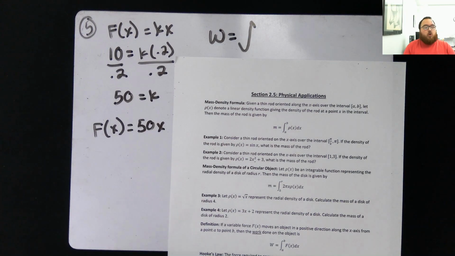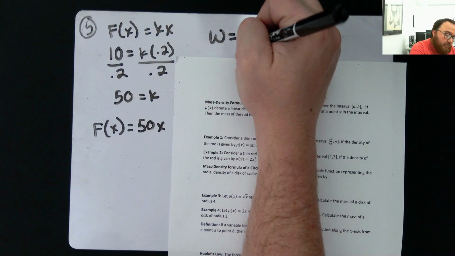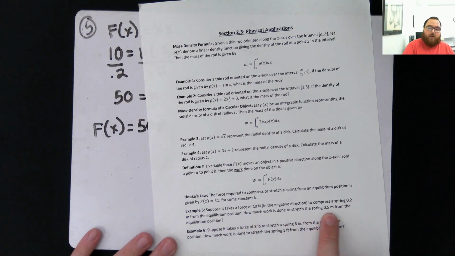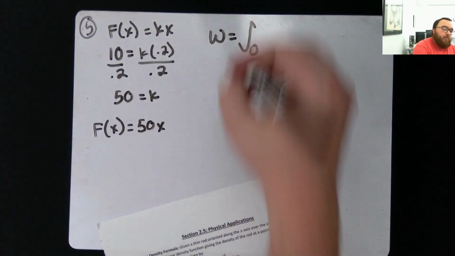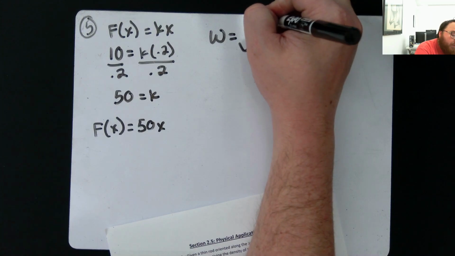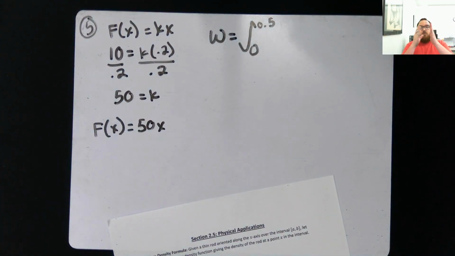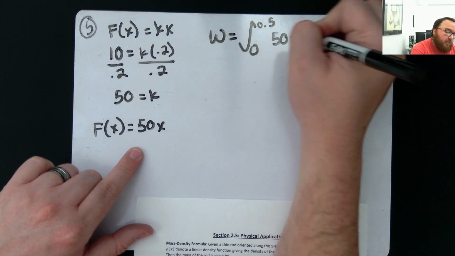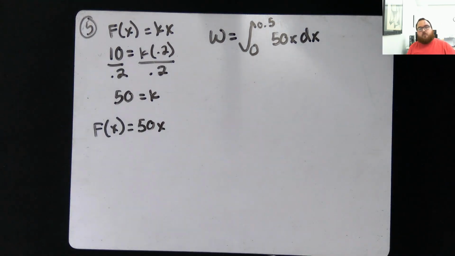So the bottom bound is where I start. Since I'm starting at the starting point, it's going to be 0. And I'm going to stretch it. I want it to go 0.5. So my top bound is going to be 0.5. So I'm starting at the starting point, and I want to stretch it 0.5. And the function is 50x dx.